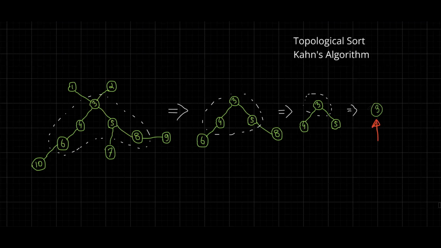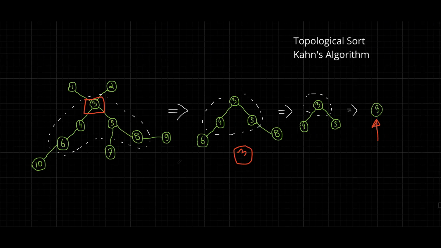And here we have remained with only one node which is equal to 3. That means it will be the root of the minimum height trees, which is this node. And finally, we have to return 3. I hope you understood the algorithm and how we have used the topological sort to solve this problem.